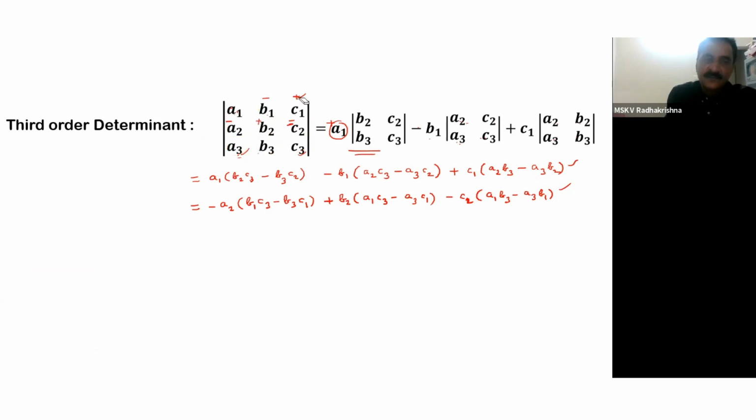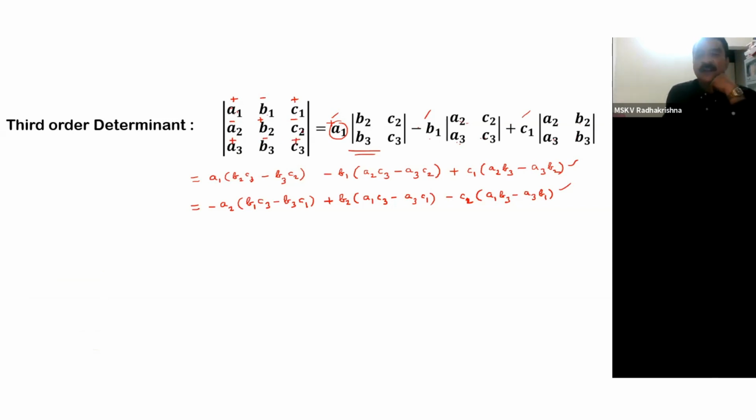If you want to use first row, we have to take corresponding signs: plus, minus, plus. For second row, we have to take minus, plus, minus. For third row, again plus, minus, plus.